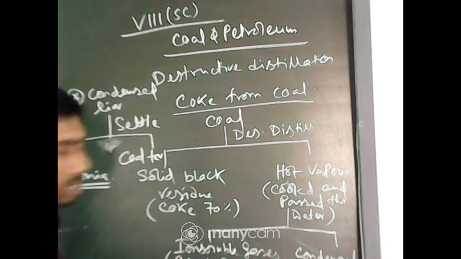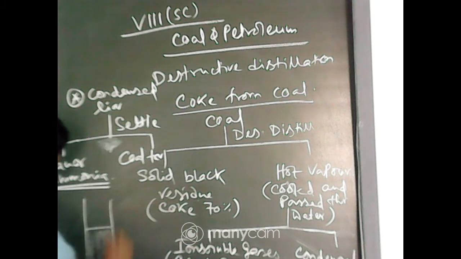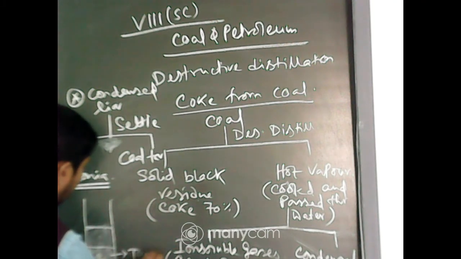When this condensed liquid is settled down, it produces two layers. One is a clear layer, this is the liquor ammonia, and the solid black layer is coal tar. This is tar and this is ammonia.